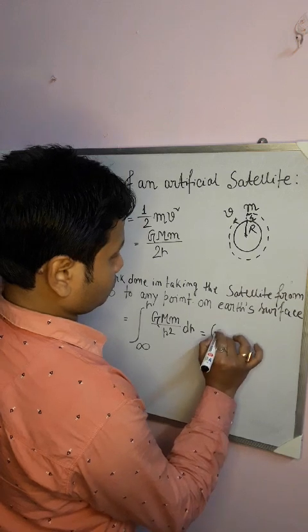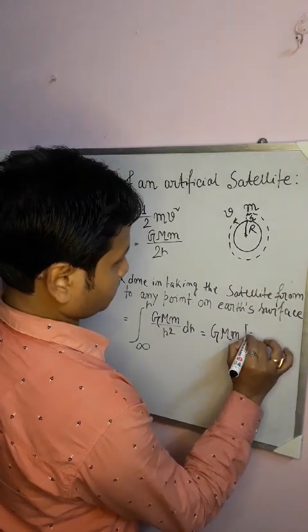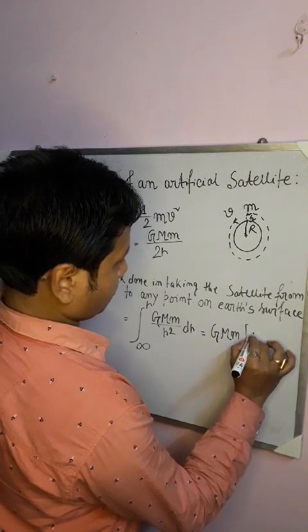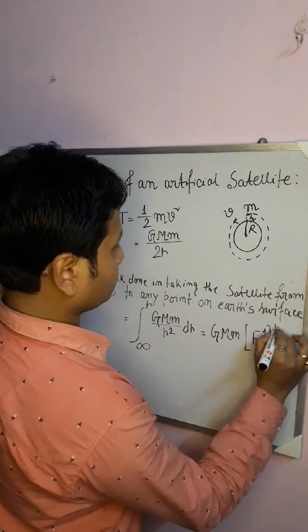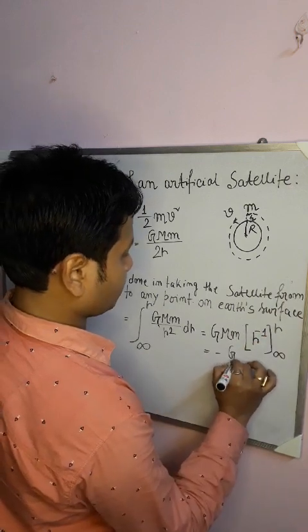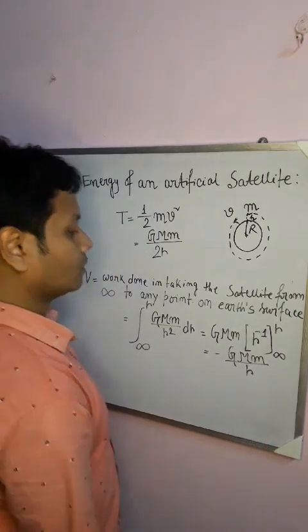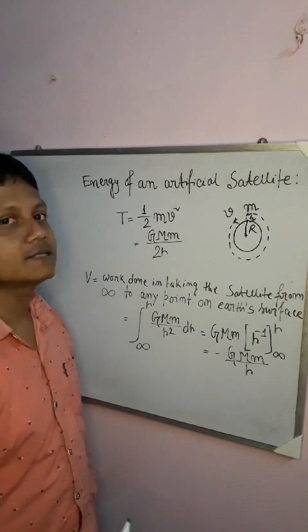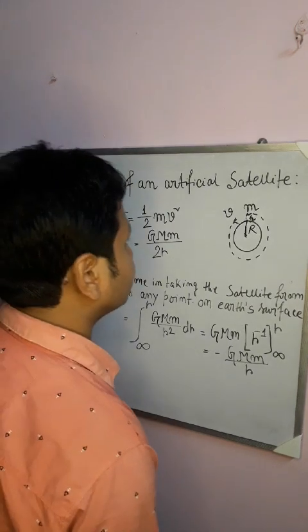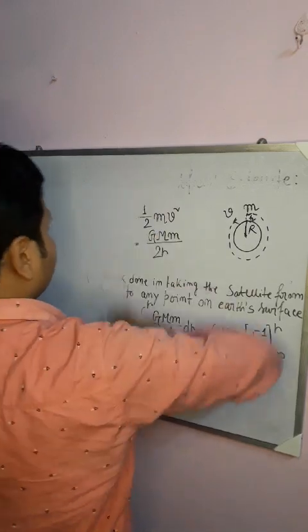So GMm, so this is simply r to the power minus 1. Okay, infinity to r, that means simply minus GMm by r. So this is the potential energy of the satellite. Okay, simple. Work done in taking the satellite from infinity to any point on the surface.